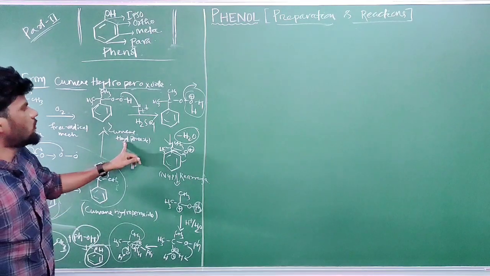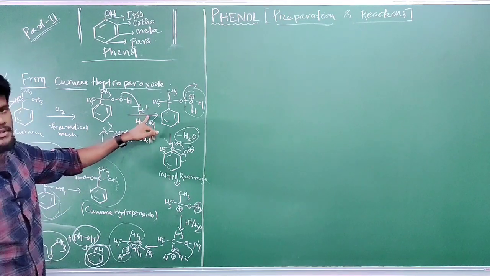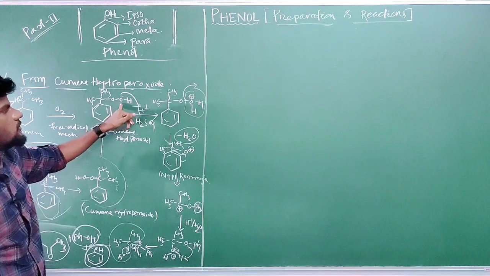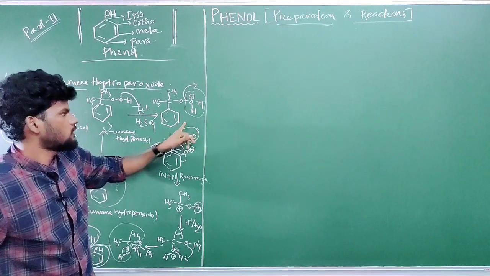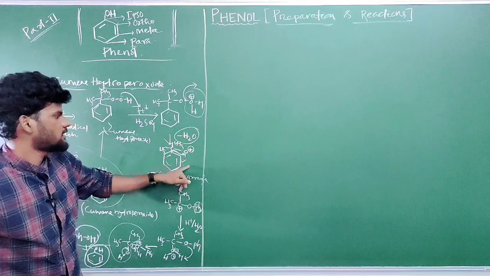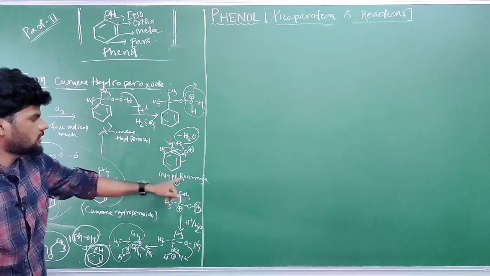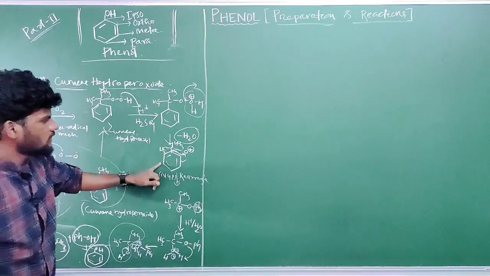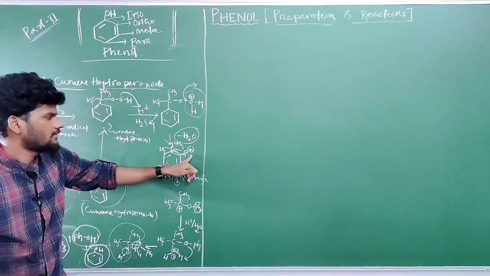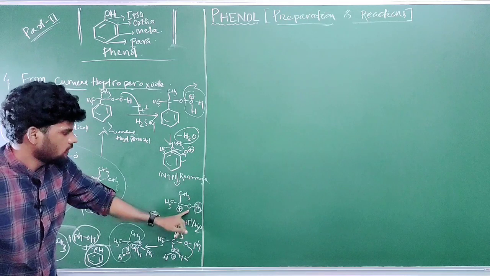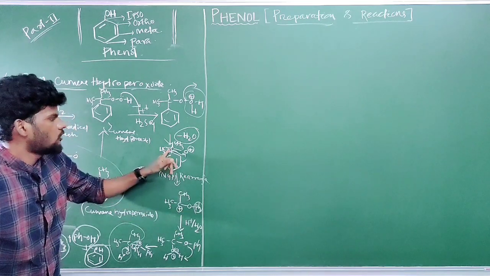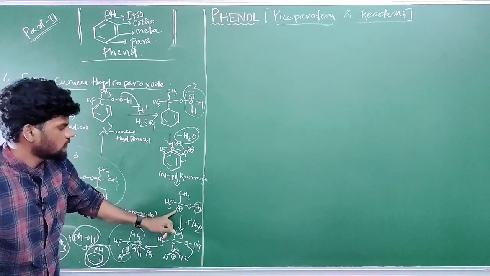Okay, to this cumene hydroperoxide, if you give acid, H plus will be taken by this oxygen to form OH2 plus, a water molecule, which then leaves in the next step to form a positive charge over this oxygen atom. In the next step rearrangement occurs, meaning the phenyl group migrates to this electron deficient oxygen atom to form OPh, and as the bond breaks from this carbon, there is a positive charge over this carbon.